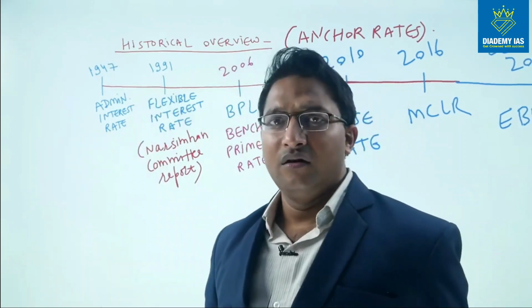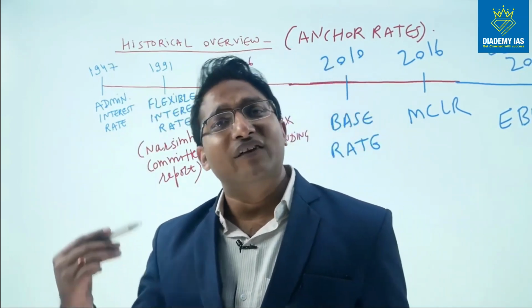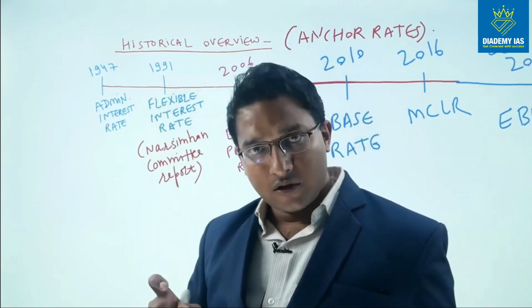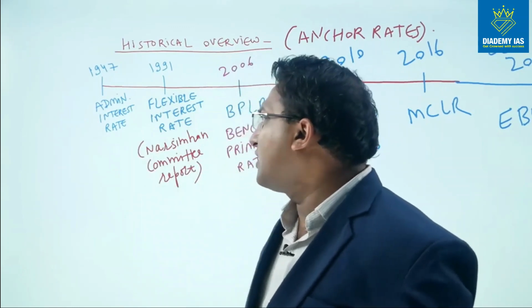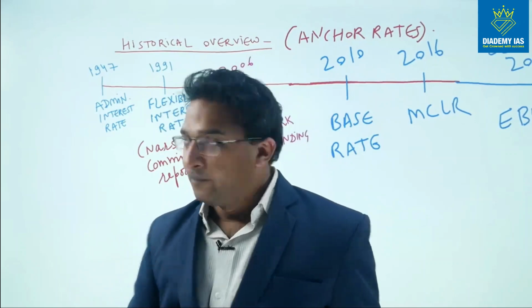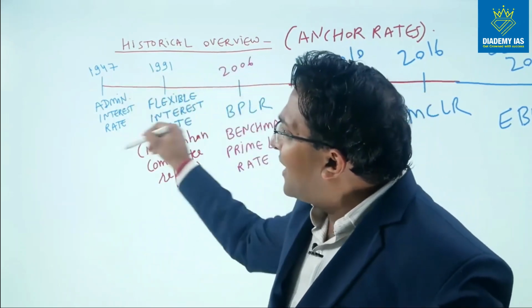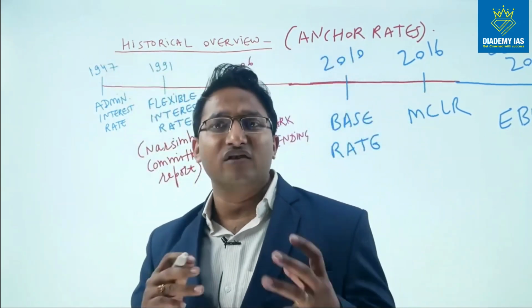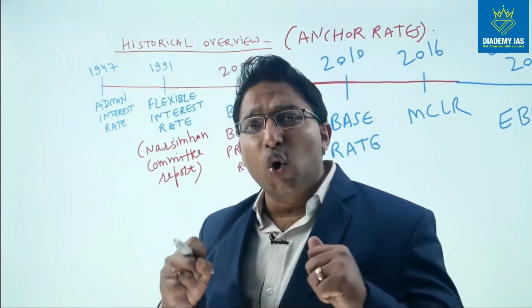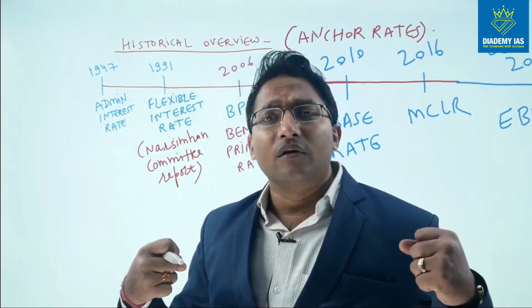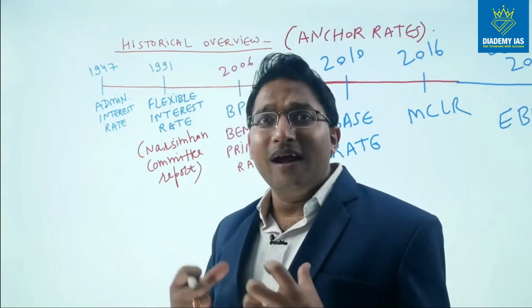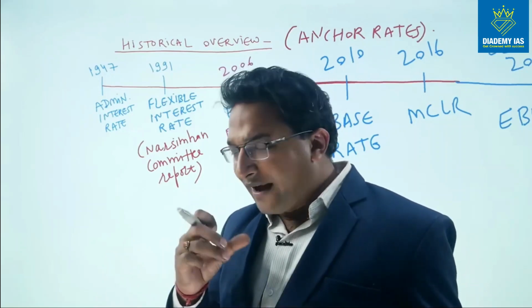In 1947 and during the time of nationalization, this administered interest rate became the norm. In this administered interest rate, it is the government and the RBI who will determine the interest rate. Then we started facing many problems just before the 1991. We faced the BOP crisis, and at that time we realized that there is over centralization of the power with the government, and banks should be deregulated.